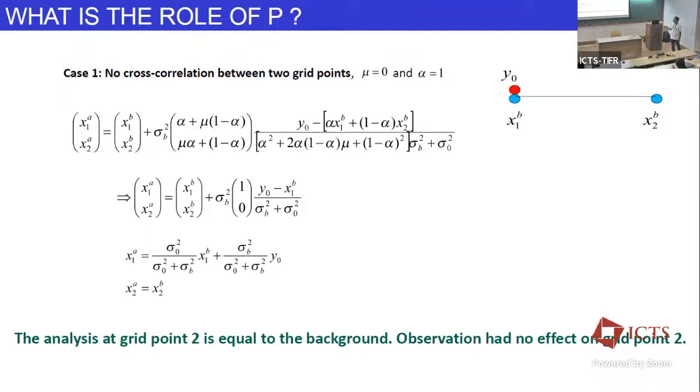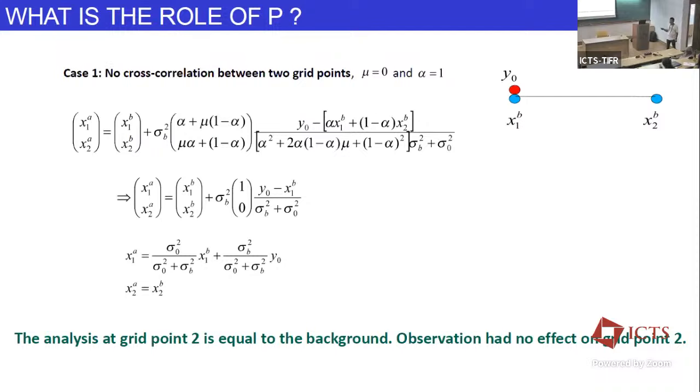And let's say I choose alpha to be 1, which means that I am observing only one of the walls. So my observation is at one of the walls, not somewhere in between. Okay? We have simplified the system. So once you have this, your mu is 0, your alpha is 1.